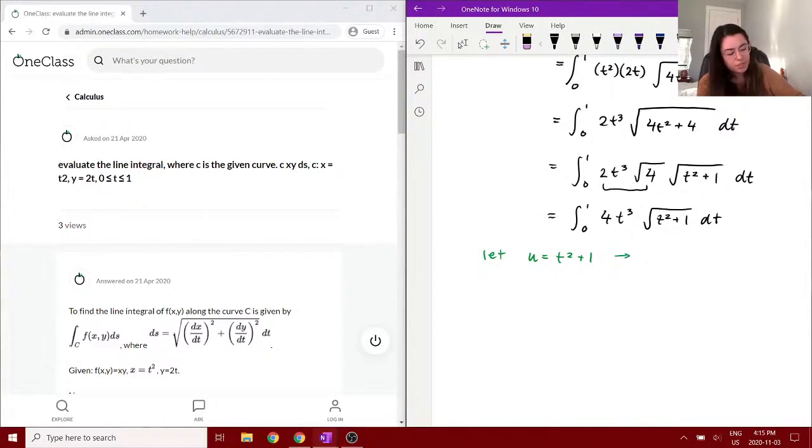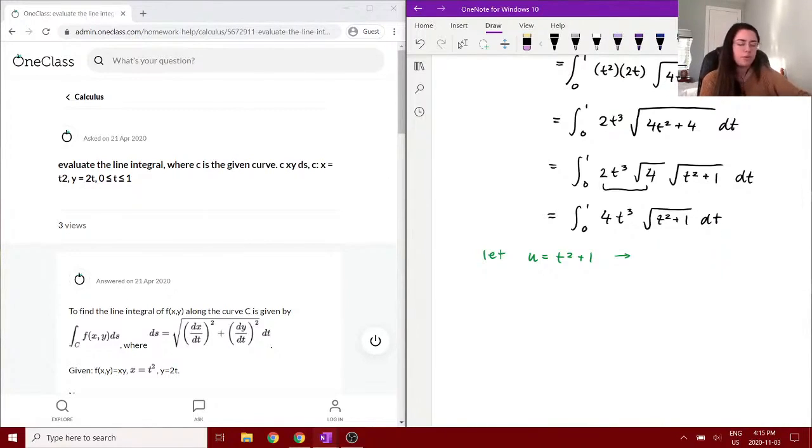If you rearrange that, we're going to play around with it a little bit so that we're able to sub in u for the t under the square root here, and then we also need to replace the dt with a du.